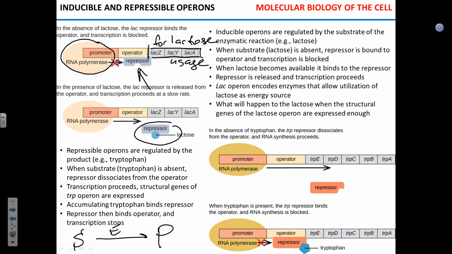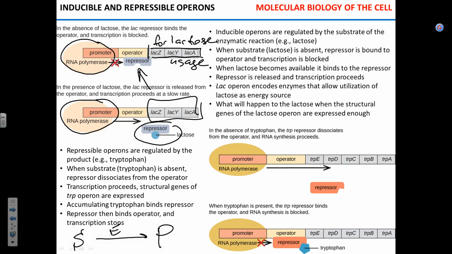It's just a protein. Repressor protein. Okay? So when the complex is dissociated, nothing prevents RNA polymerase from starting transcription and expressing the genes. Does that make sense?